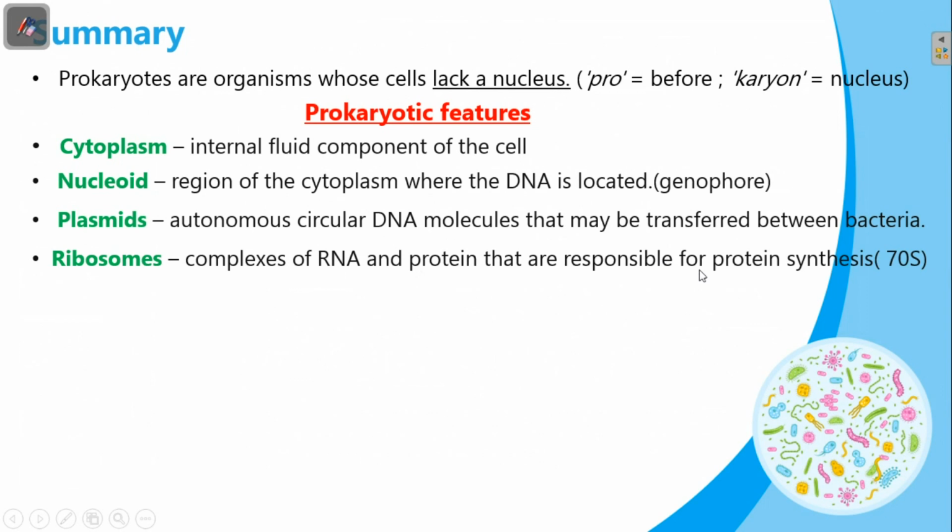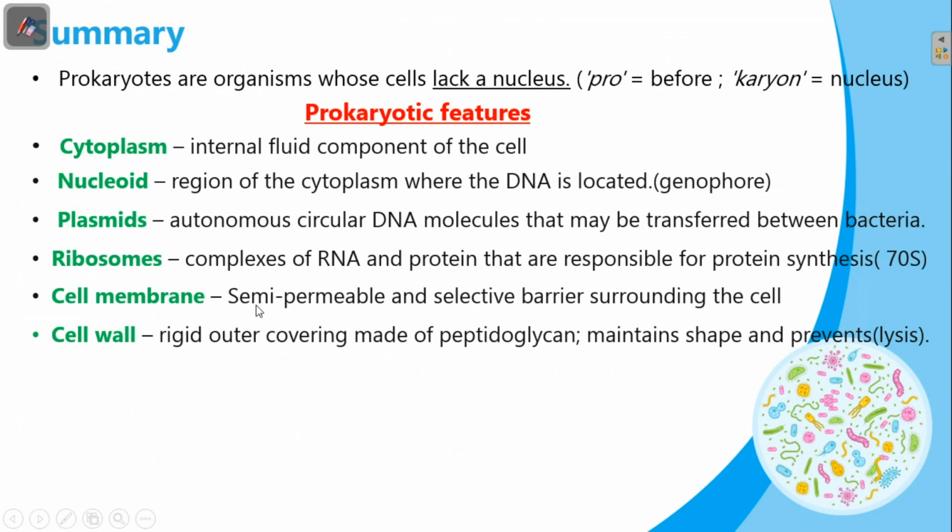In prokaryotes, 70S ribosomes are present. 70S ribosomes are made of 50S and 30S subunits. Cell membrane. It is the semi-permeable and selective barrier surrounding the cell. Cell wall. It is the rigid outer covering made of peptidoglycan.